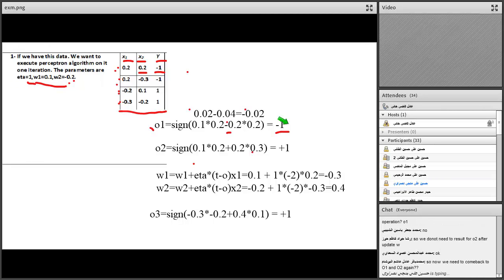Yes, we need to come back again to O1, O2, O3. As I said, in this state we updated the weight for O2. So here on O3 we see that it's okay. We have to check it on O4 and then on O1. If on all of the data it is okay, we stop. So whenever we come to a new weight, we have to check all of the other data to see if they are okay too.